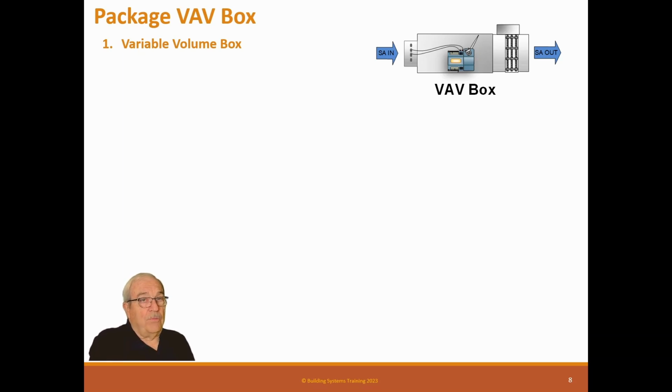So these VAV boxes basically take the air from the system, which, remember I told you, is constant temperature, variable volume. This constant temperature air enters the box and goes to the room. The room temperature sensor is connected to this controller, and it tells this damper where it needs to be to cool or heat the room. The TAB guy has calibrated these sensors.